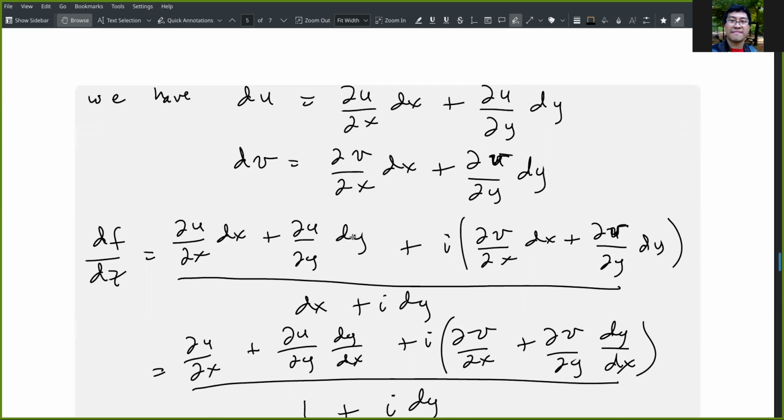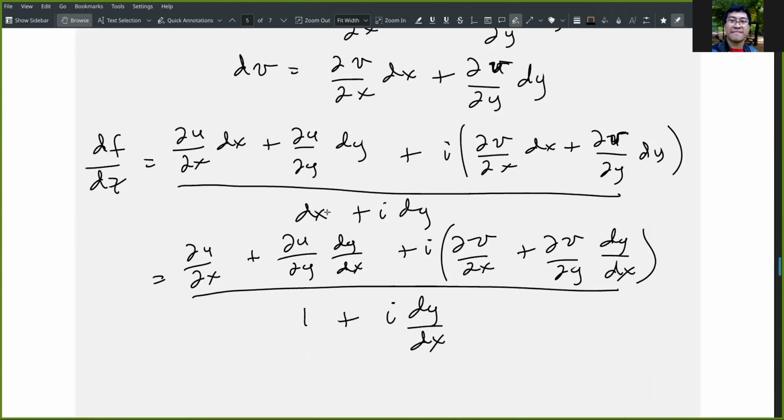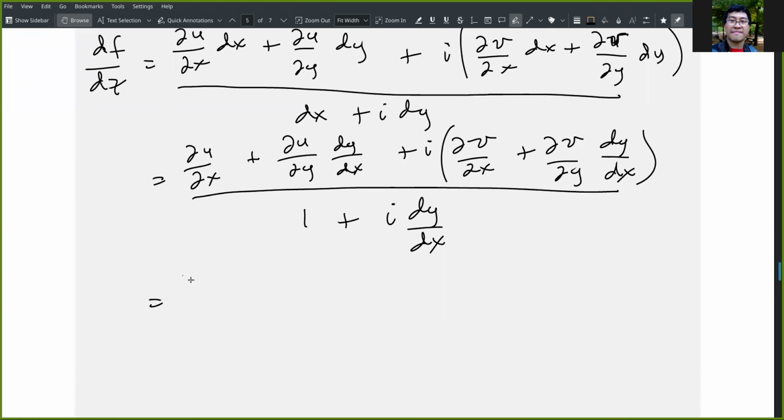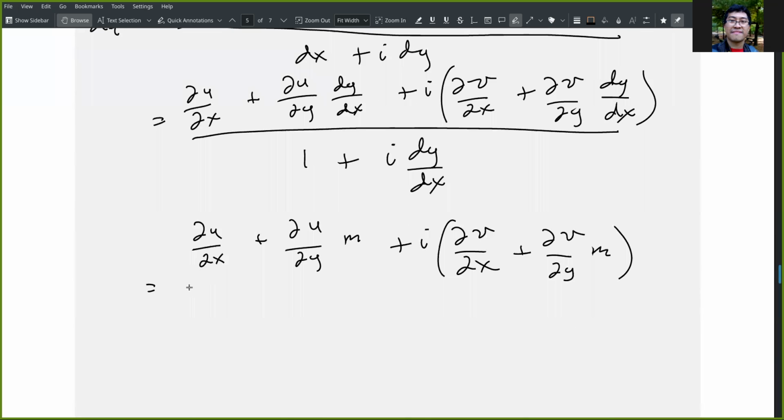Now let's substitute dy by dx by m. So you have partial u with respect to x plus partial u with respect to y m, plus i times partial v with respect to x plus partial v with respect to y m, divided by 1 plus im.